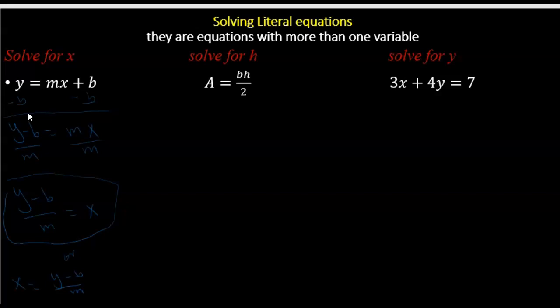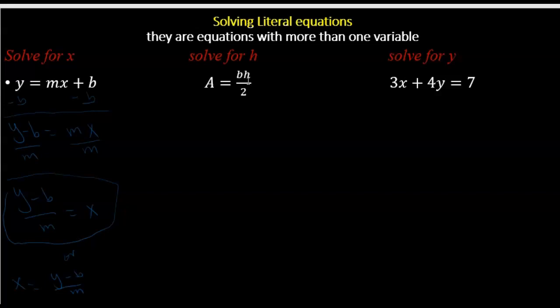Now, on the second example, we're going to solve for h. We're solving for h. We have this equation a equals bh over 2. That means a equals b times h divided by 2. And in this equation, we have three variables: a, b, and h.